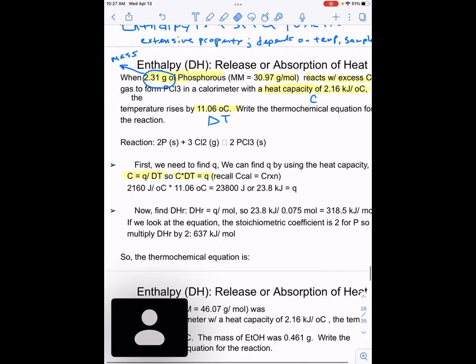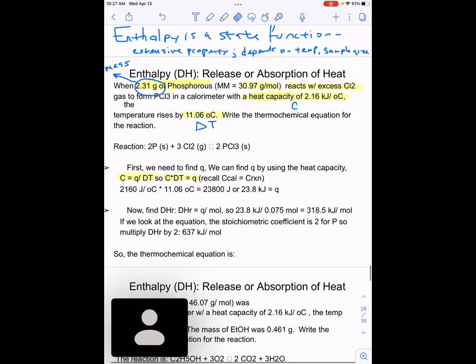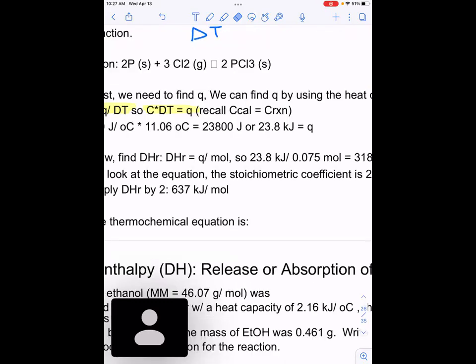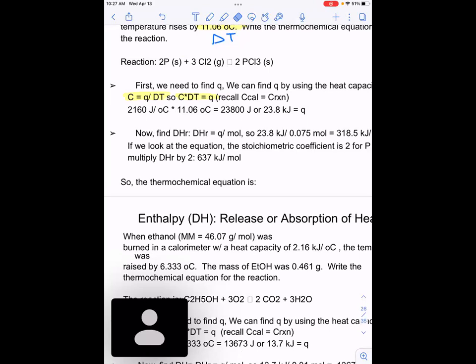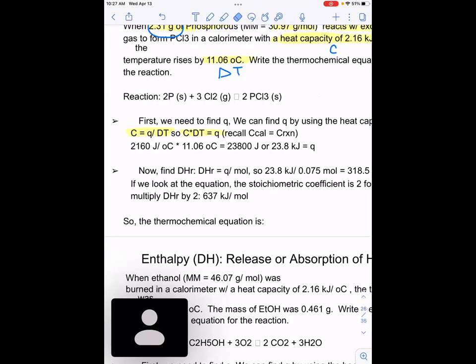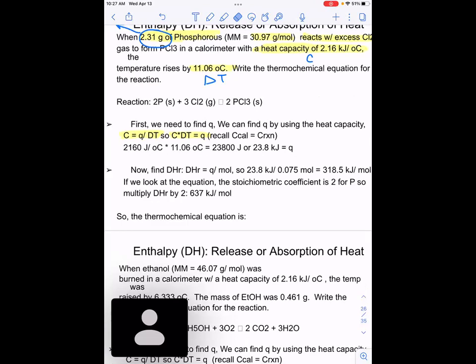As long as the pressure is constant, you can make that assumption, right? So we can find Q with the heat capacity, which is this number right here. We can say 2160 joules per degree Celsius. And then it gave us the temperature change, which is 11.06 degrees Celsius. Obviously, degrees Celsius will cancel, and we're left with this number right here for Q.